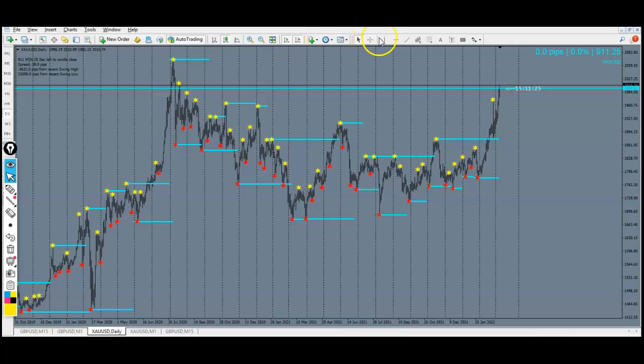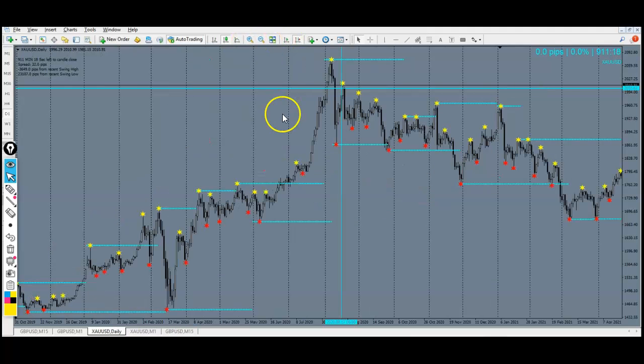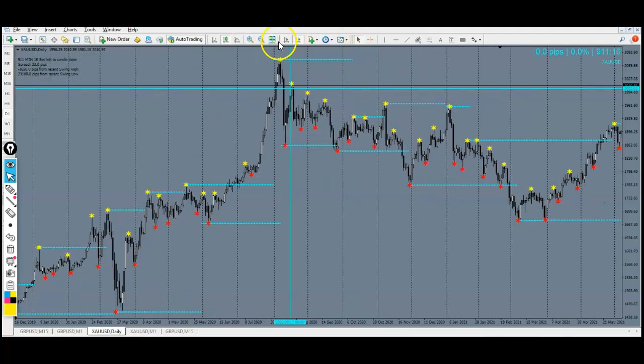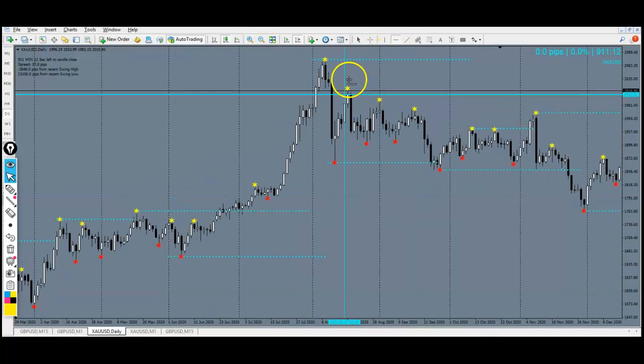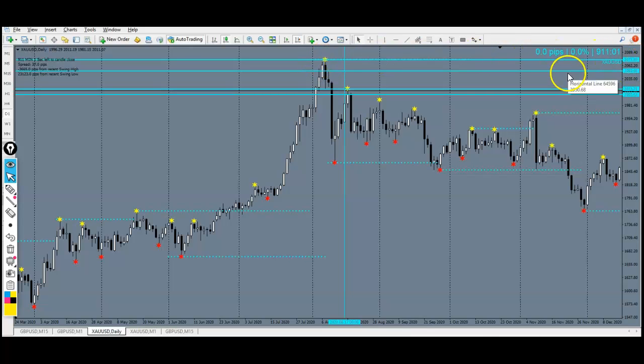Okay, so we have possible locations around here. Let's expand that and see what price could likely do. Price is right here. It could come up to this level, it could come up to this level up here. So that's the 2073, the 2050.